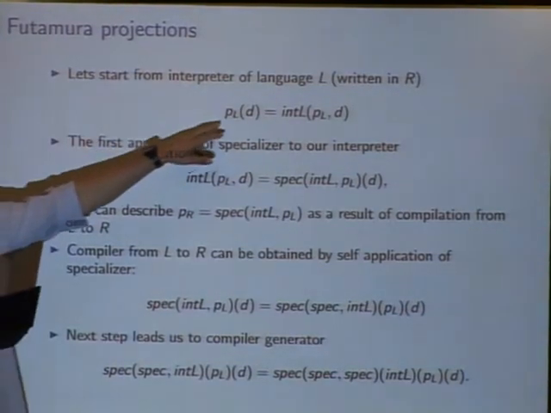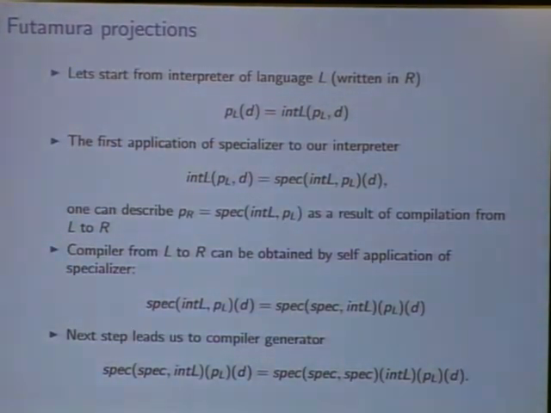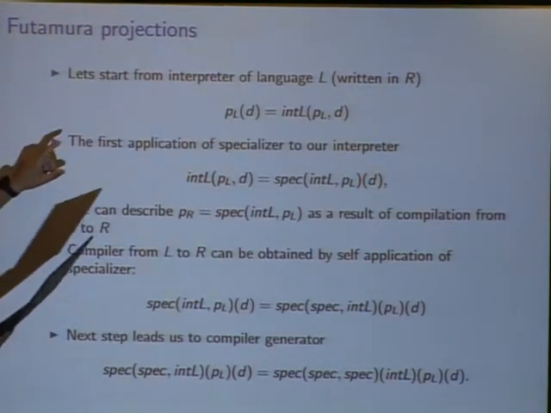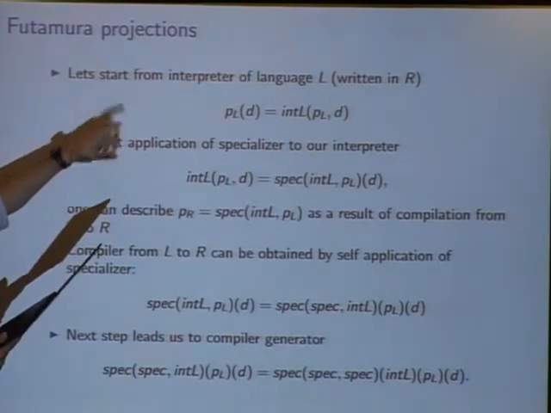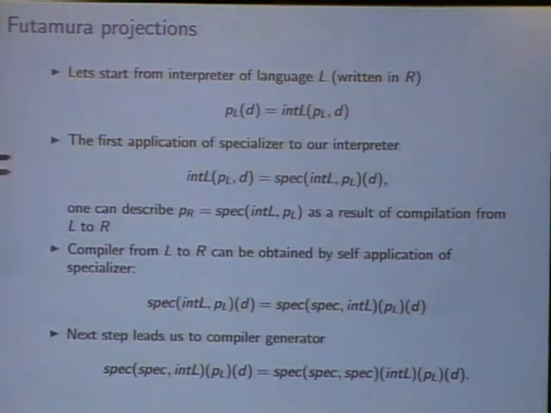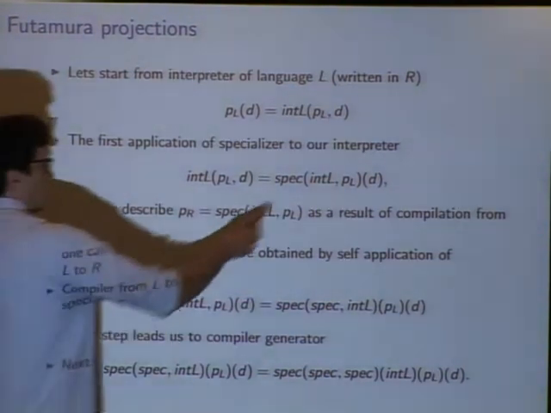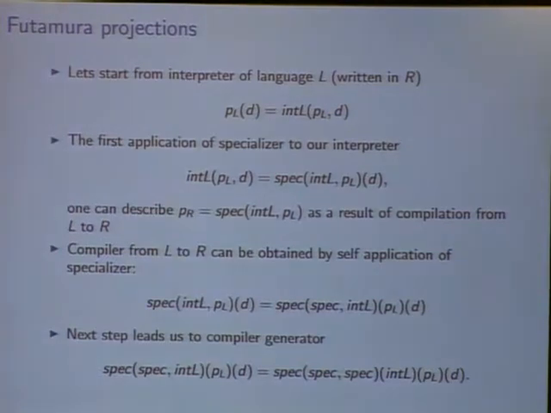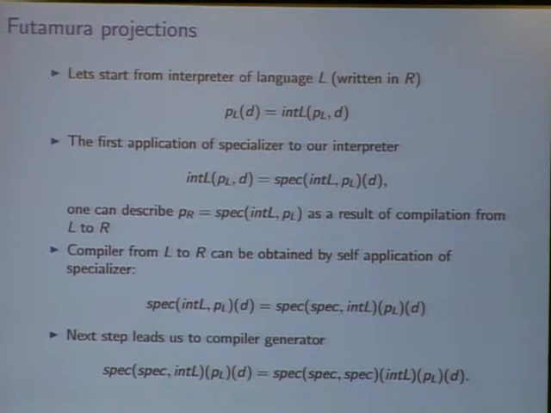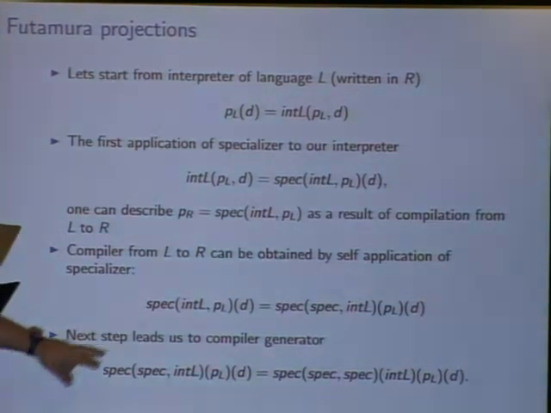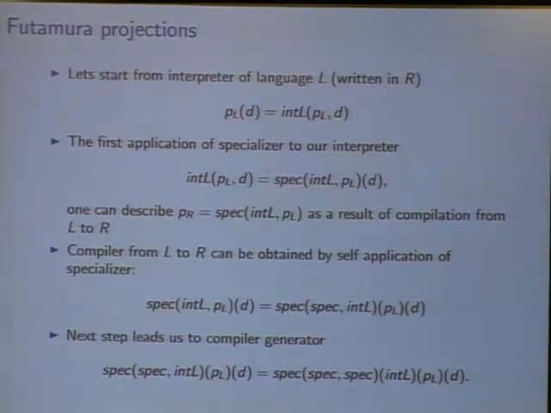Suppose we have initially a program written in language L, and an interpreter written in language R. After specialization, we will have a compilation result from language L to R. The second projection gives us a compiler from L to R, and the next step leads us to a compiler generator.